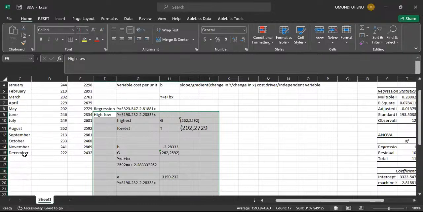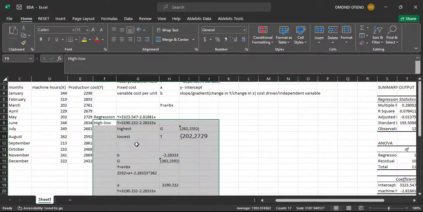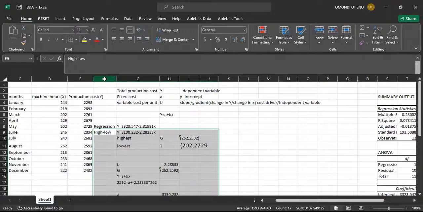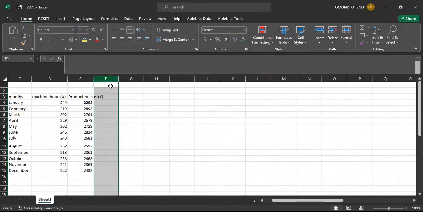Assume we have data up to 100,000 rows. How will you arrive at the highest and the lowest value pair? Very simple. Let me just do away with these ones here, and come to this point, go to your data.